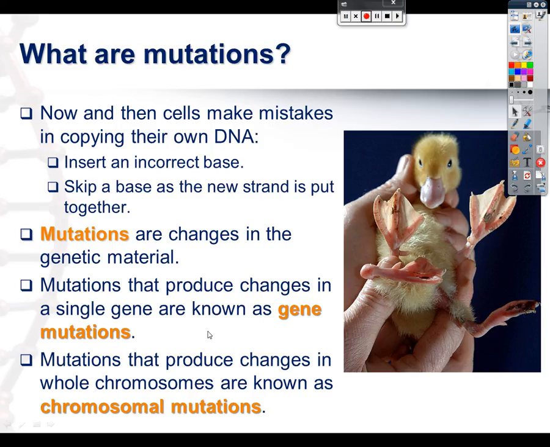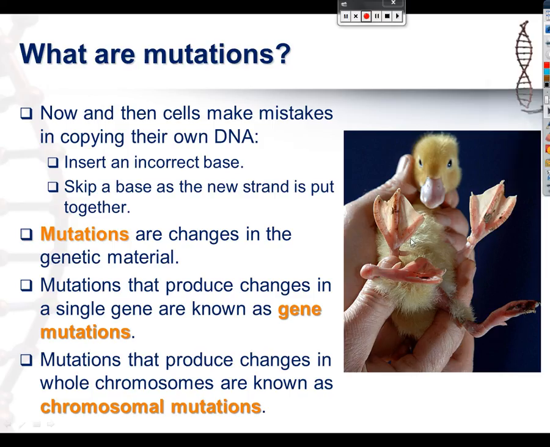Mutations are going to produce changes in the entire chromosome, and so we refer to that as chromosomal mutations. When it gets to this point that it will show, obviously that's a clear indication of a mutation in the chromosome.